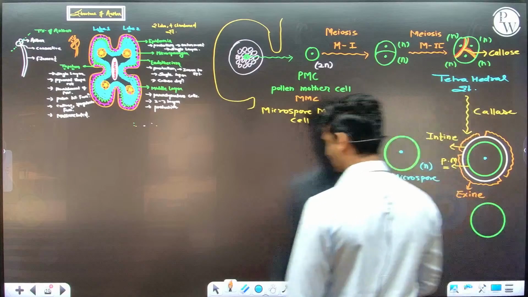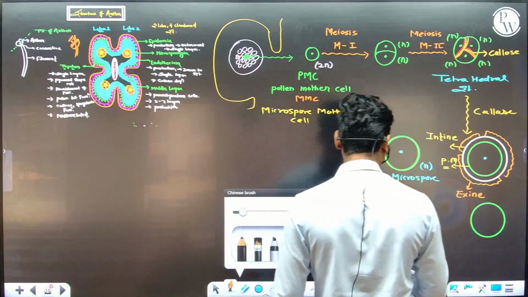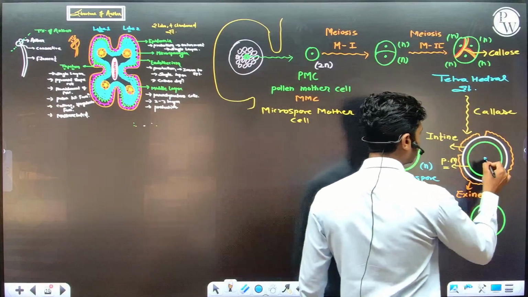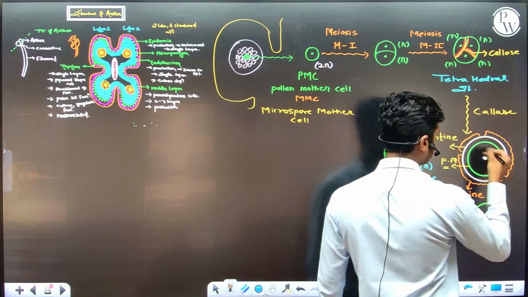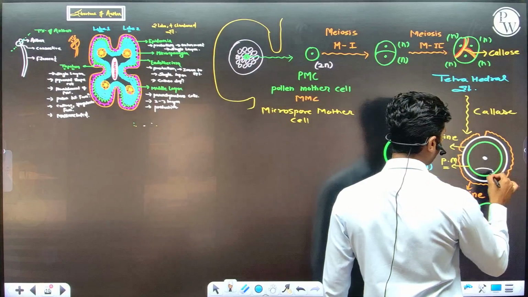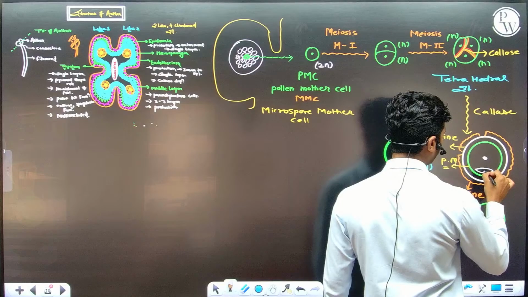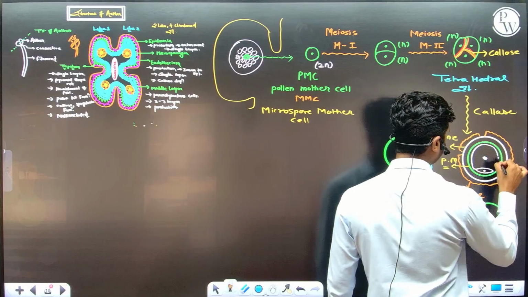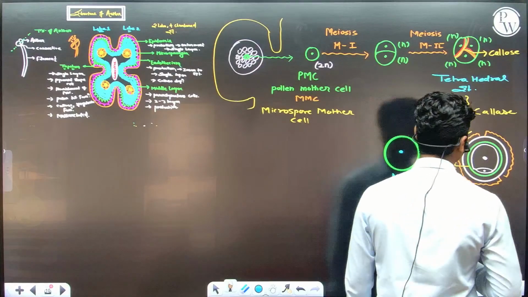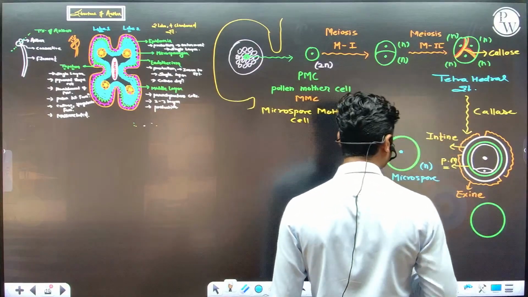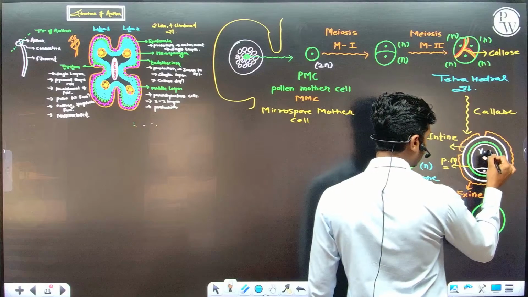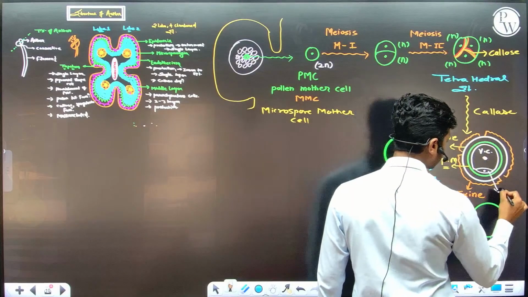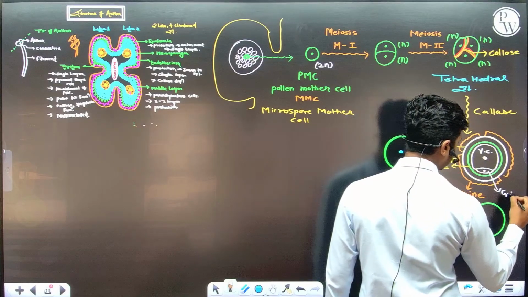Inside there is one larger cell, known as the vegetative cell, and one smaller cell formed here, known as the generative cell. So one larger cell and one smaller cell. The larger cell is the vegetative cell and the smaller cell is the generative cell.